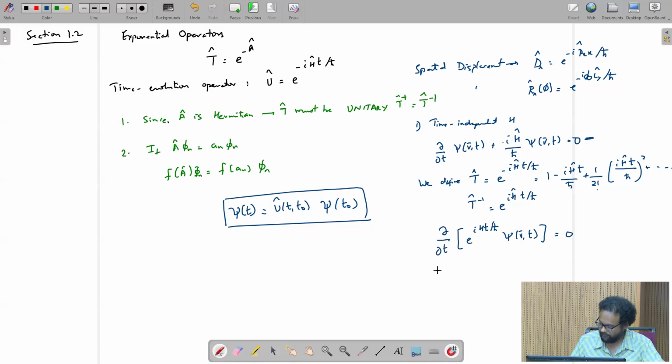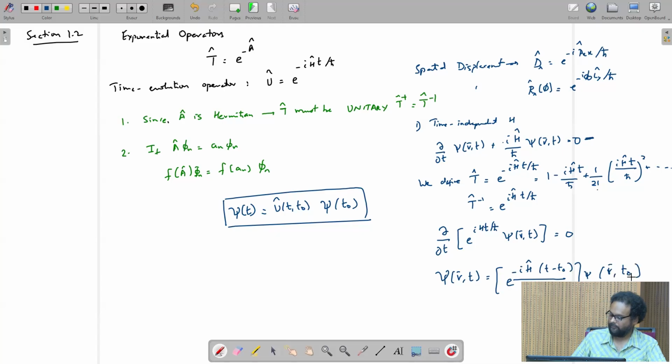You can see in this case the sign of the exponent, e to the power of minus iH(t minus t naught) over h cross. I'm not solving everything. I can give you notes.